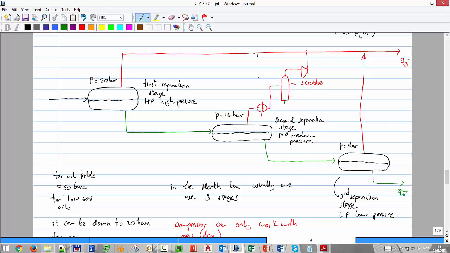Okay, and then that liquid I just take it and I have to re-inject it here, and I usually also put a pump. Okay, because I will have some losses from here to here, then the pressure will be lower than the second stage separation pressure. Okay, so it's becoming messy, but I have to do the same thing for this one.